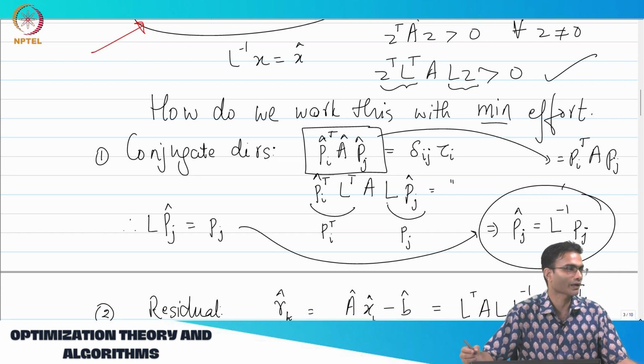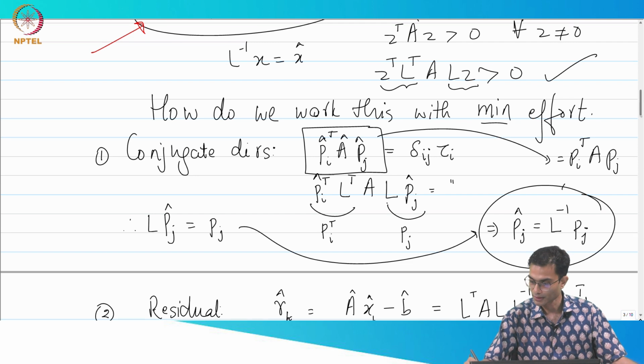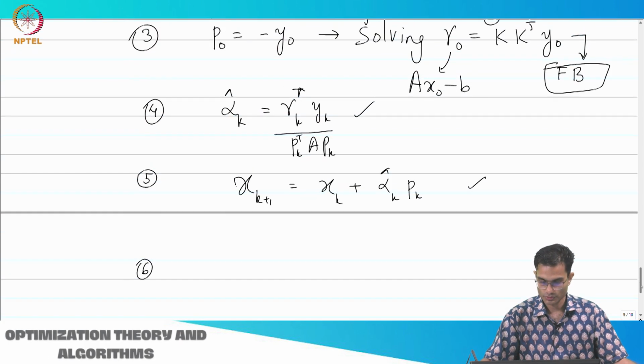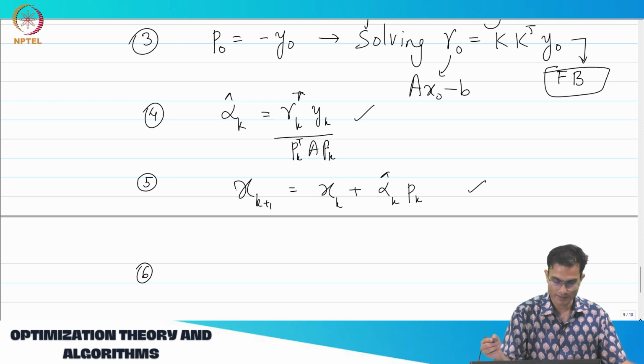So, that way I avoid calculating some new P hat, because for new P hat I need this L inverse, and I do not want to get into any inverses, right. So, alpha hat is done, it is the original A, x k plus 1 is done.